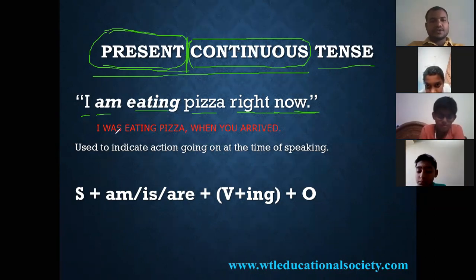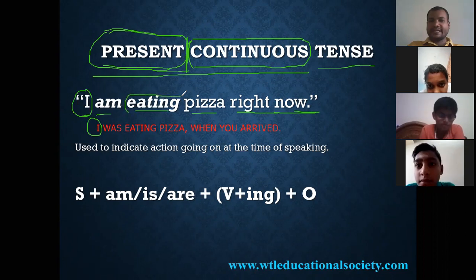Now, if you observe here, what is the difference? The subject is I. Here also the subject is I. What is the verb here? Eating. Here also eating is there.